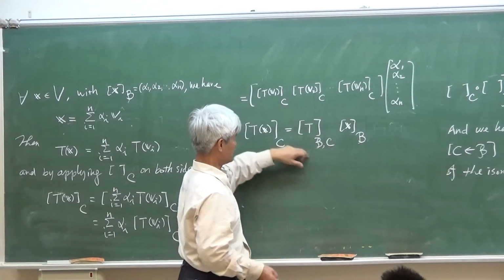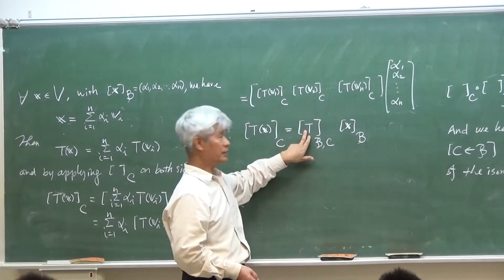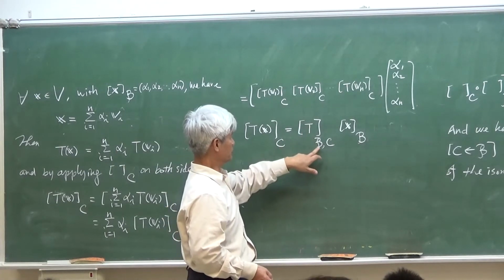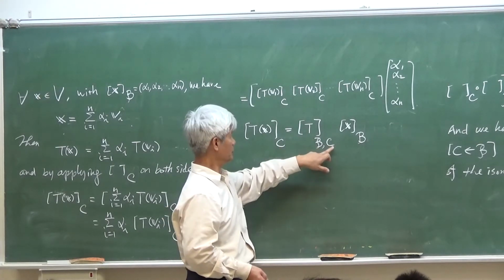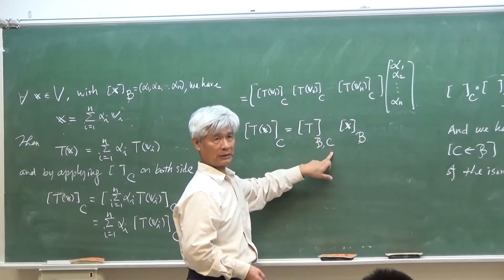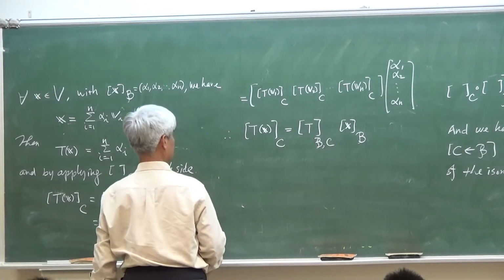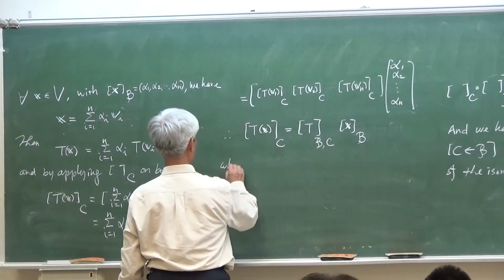And this matrix will be denoted as the linear transformation relative to basis B for V, basis C for W.